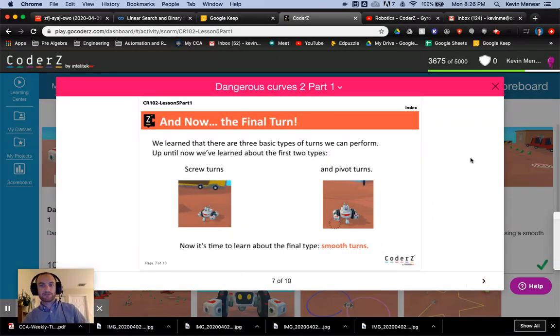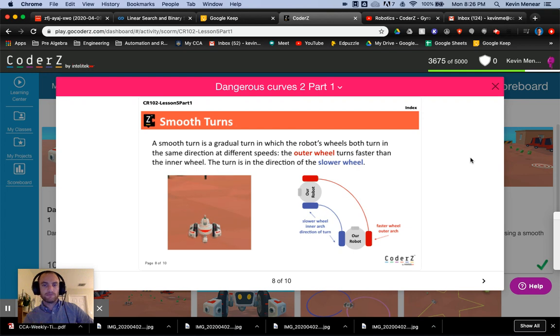Now we're learning about smooth turns. And this is how this goes. Instead of one wheel being stationary, they both move, but the outer wheel turns faster than the inner wheel. And this is how a car turns. Generally speaking, your car wheels don't go in opposite directions. You don't have one stationary and the other one going.